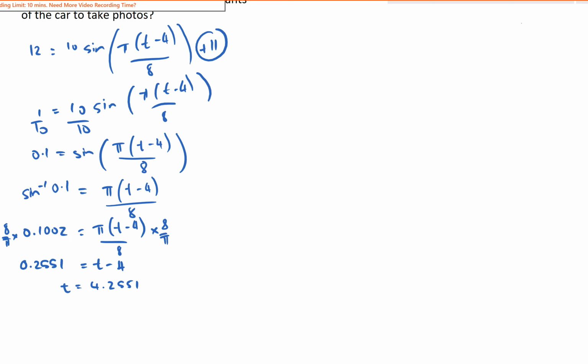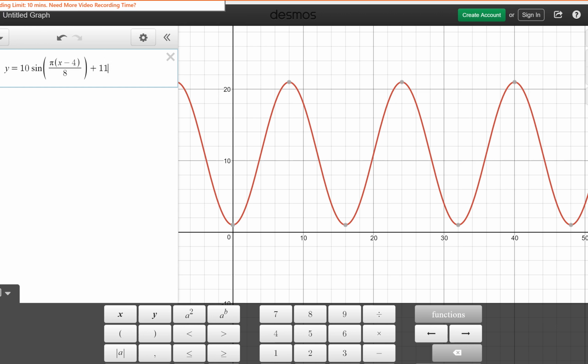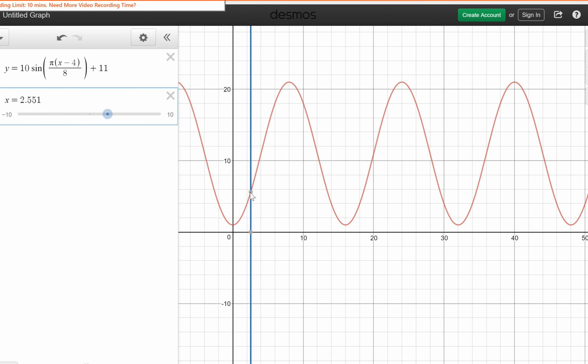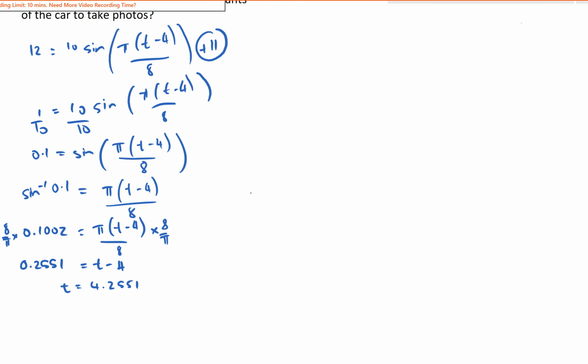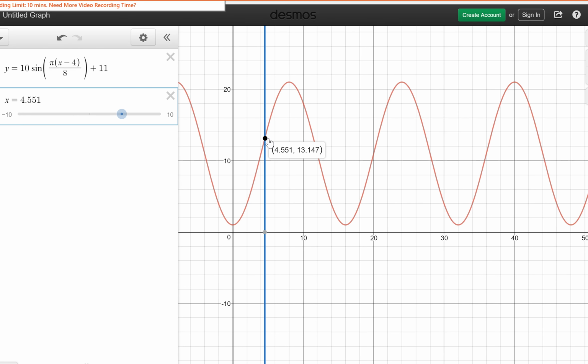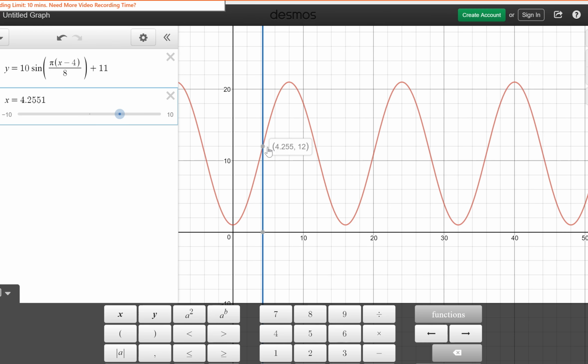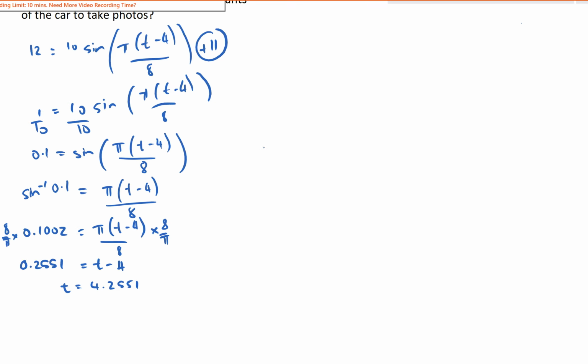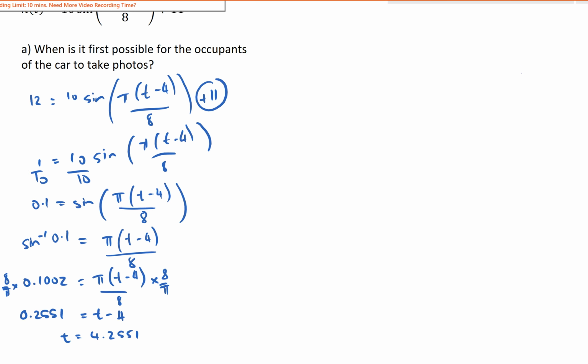Now if I go onto my Desmos and put another graph in here, I go x equals 4.2551. What you'll hopefully find is that there's my 12. Happy with that? Solving that particular question.